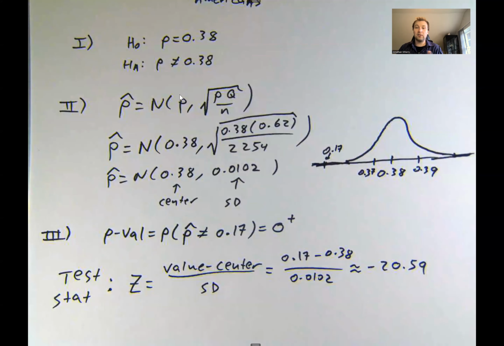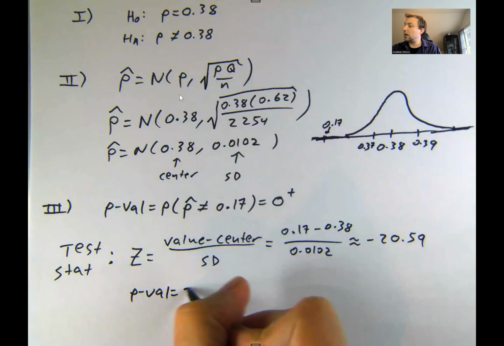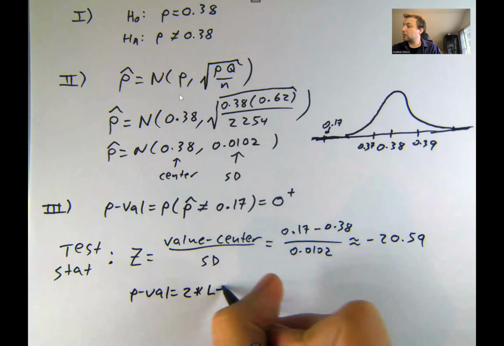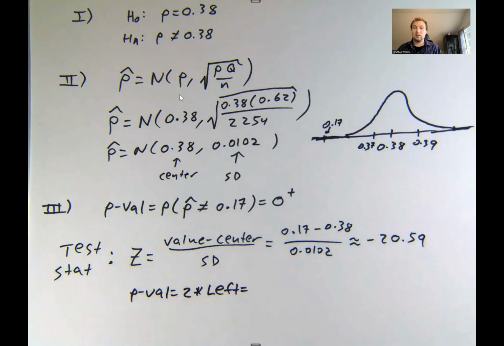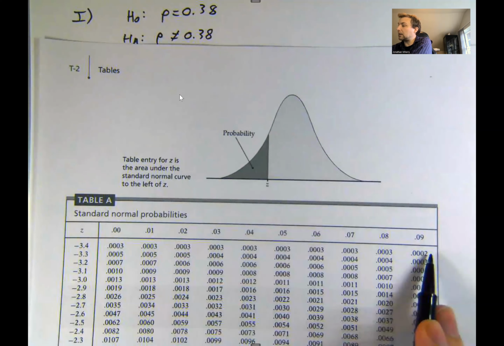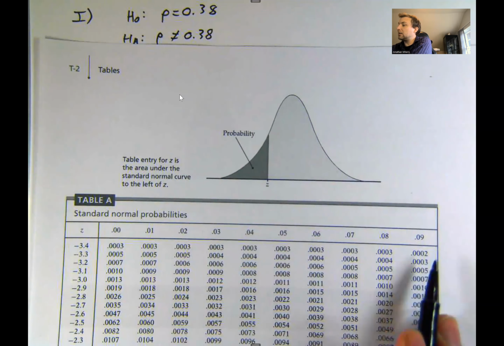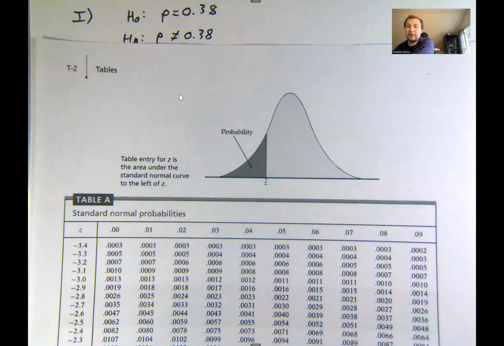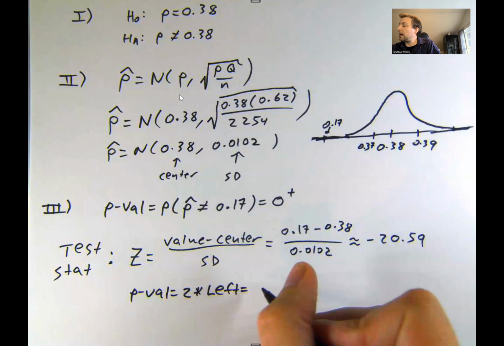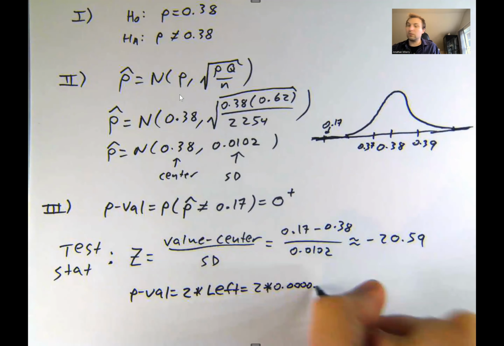If I try to look this thing up on a table, since this is a two-tailed test, my p-value is going to be 2 times that tail to the left. I'm going to see that my smallest z-score is negative 3.49. And I already have 0.0002. It's going to be way, way smaller than that, though. So my value is going to be like 0.0000 repeating.